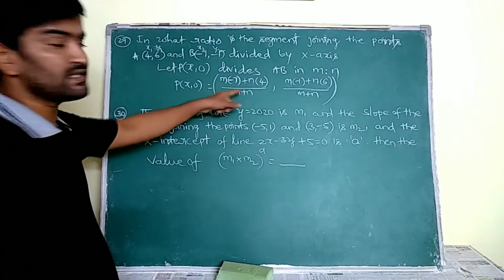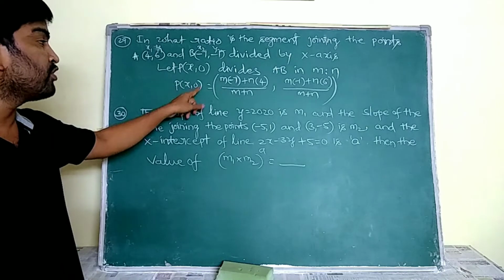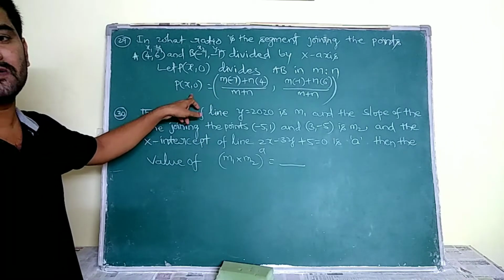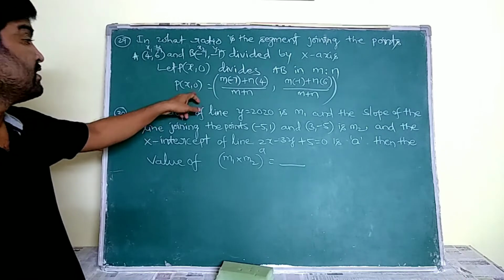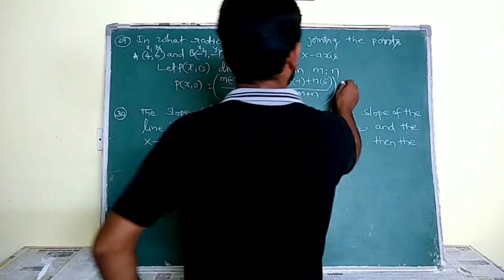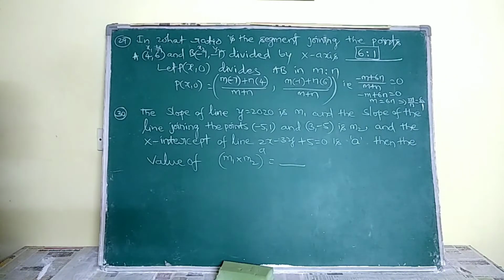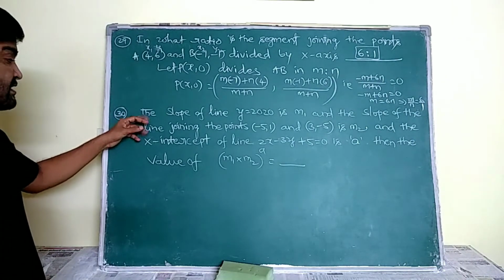Since these 2 points are same, no? So I am going to equalize the y coordinates. Why? Because on the x-axis we know that the y coordinate is 0. So by equalizing that, that is 6:1.